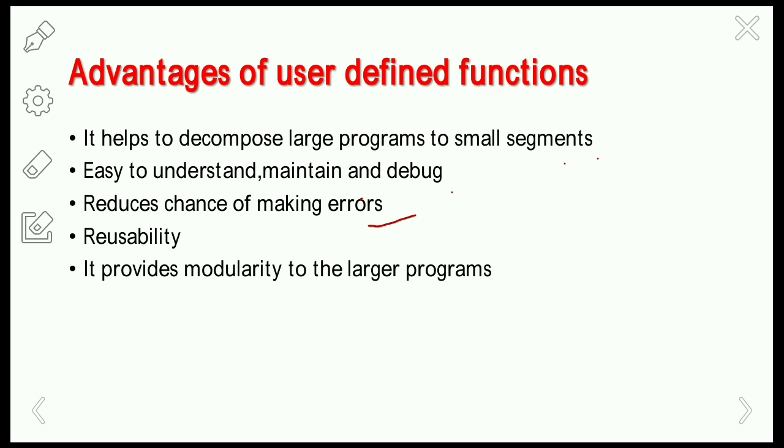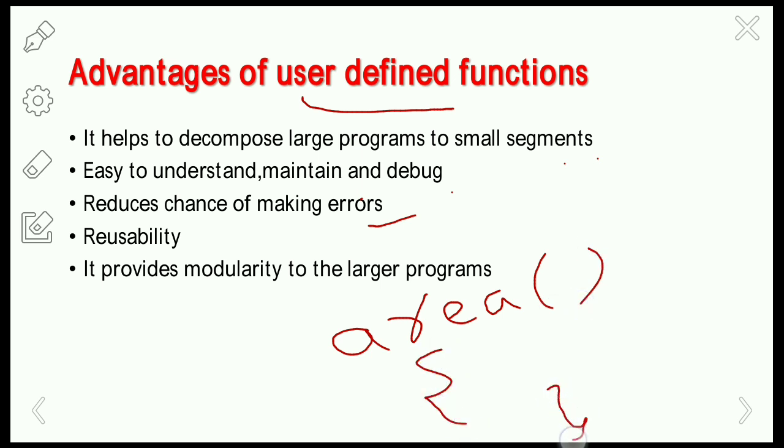Suppose I'm using the math.h header file, which has built-in functions, right? Instead of rewriting the code many times, we simply access that header file. Similarly for user-defined functions, I have the area function we already mentioned.